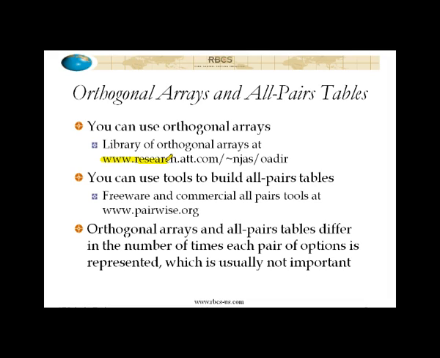And there's a big library of orthogonal arrays out here at this website. You'll notice that there's a really interesting and important phrase here, set of characters, ATT. So this is an AT&T website, and they are obviously very interested in combinations of settings because phone switches and other such phone network equipment has a lot of different settings in it.